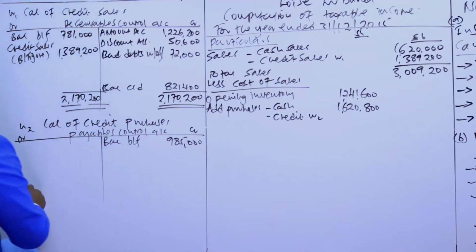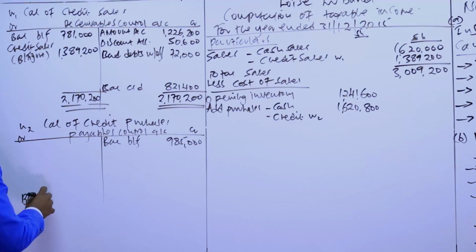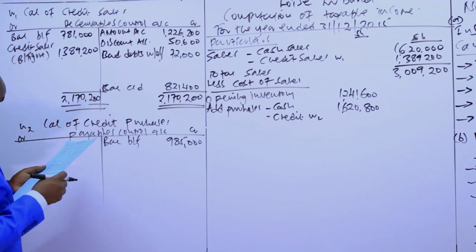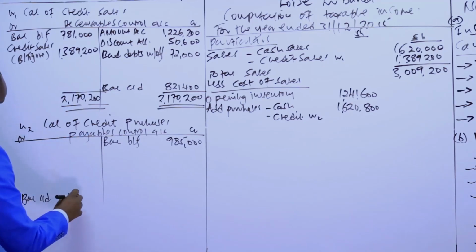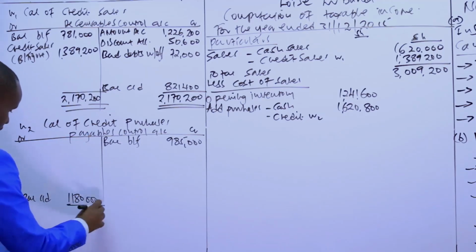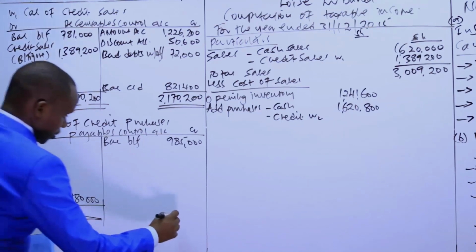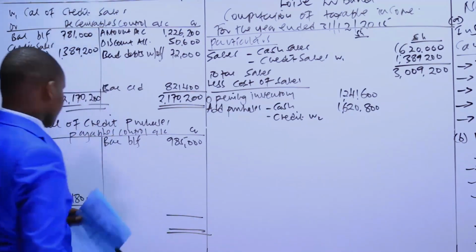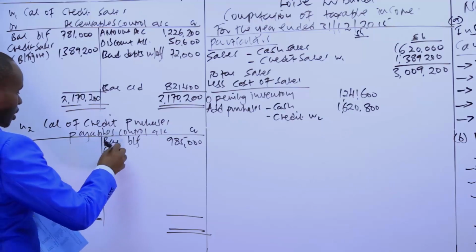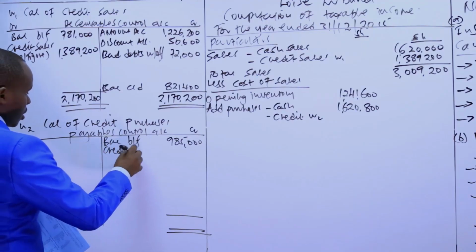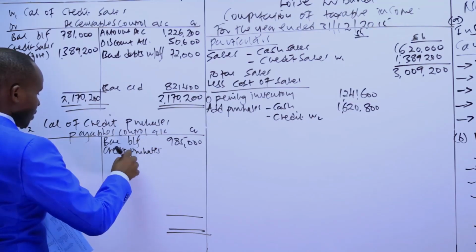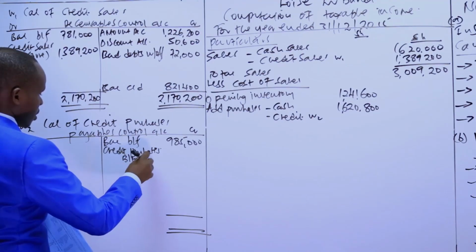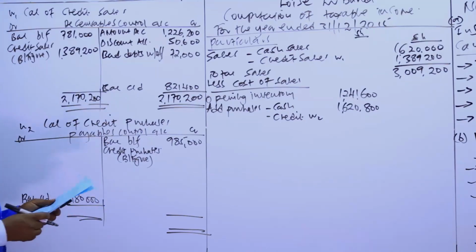We also put balance carried down, which is 1,180,000. What we are looking for is credit purchases, and this will be the balancing figure.